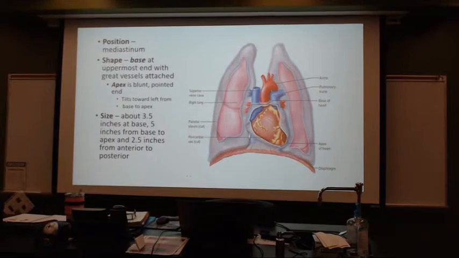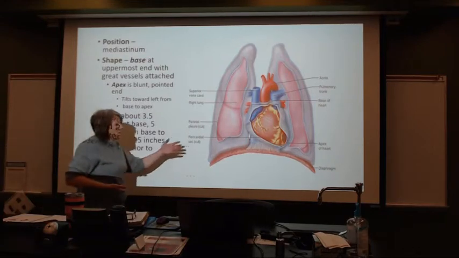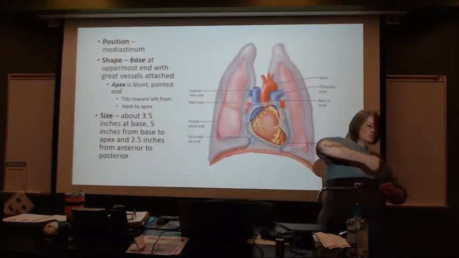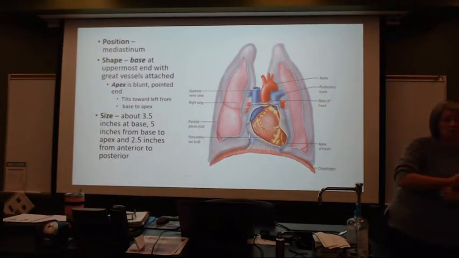The position of our heart, yes, it's about the size of a human fist, maybe a little larger, and it does sit where we would think of it being in our chest. It tilts just a little bit, okay?